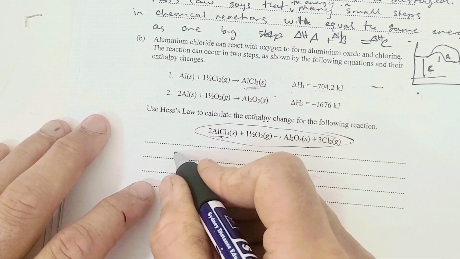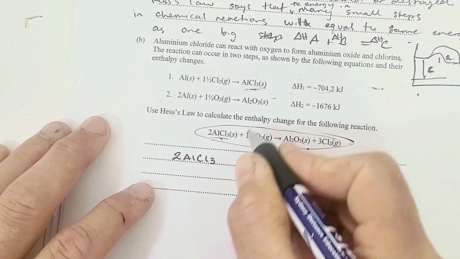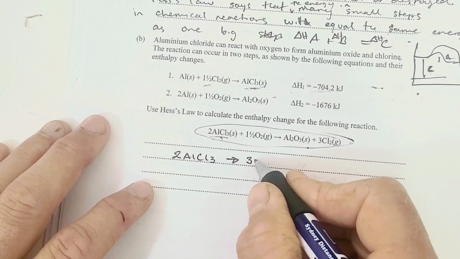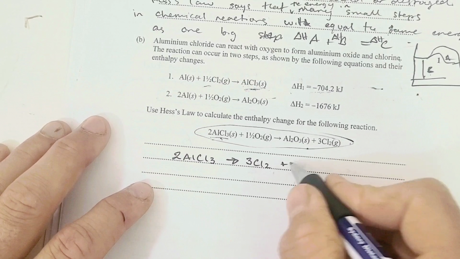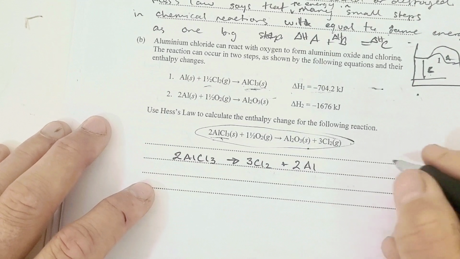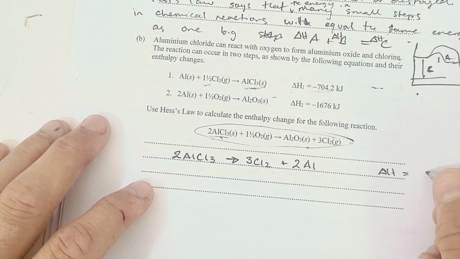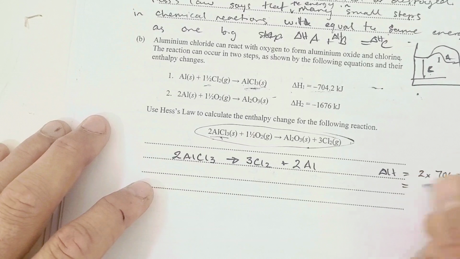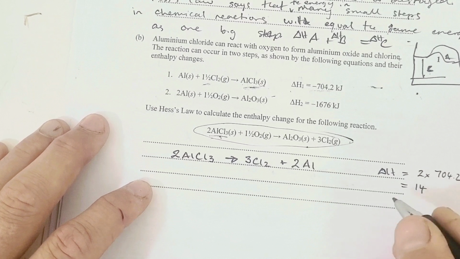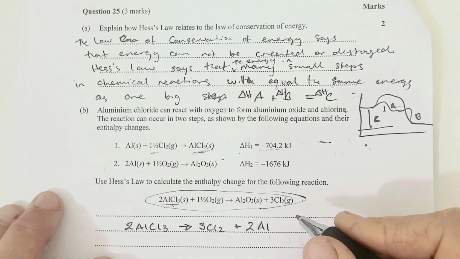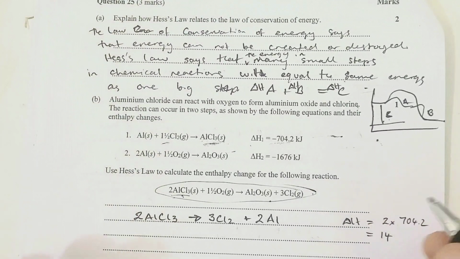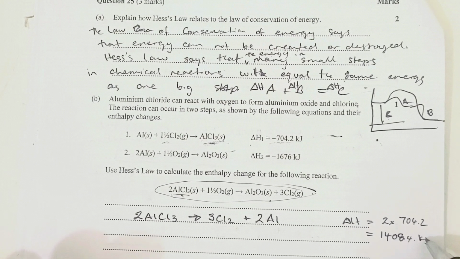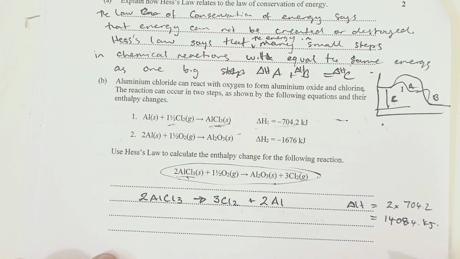We've got 2 moles of that, so 2 AlCl3 will give us, double that, 3 Cl2 plus 2 Al, and the delta H will equal positive 2 times 704.2, which is 1408.4 kilojoules.